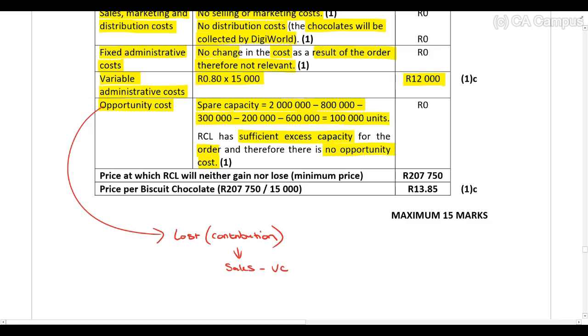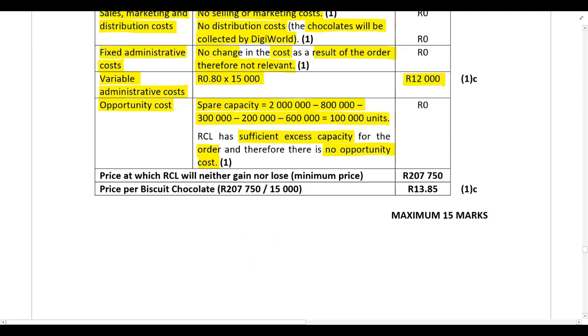So your opportunity cost is always the contribution that you are losing out on because you can't produce everything that you want to produce. So let's say, for example, they are sacrificing 50,000 units of their external sales. What is the contribution that they are losing out on those 50,000 units? That is your opportunity cost. Right, so just a bit of revision over there.